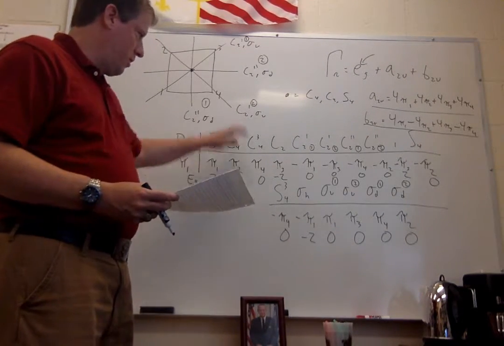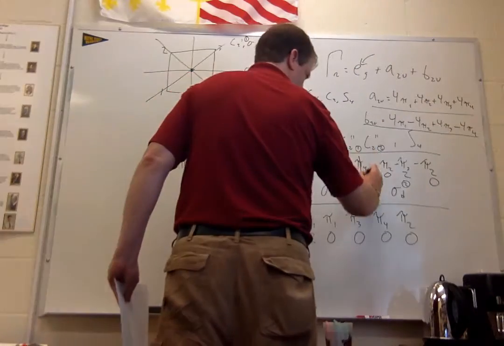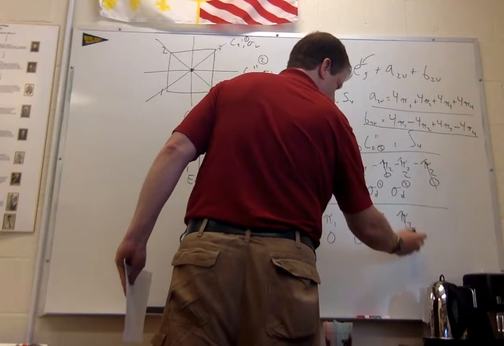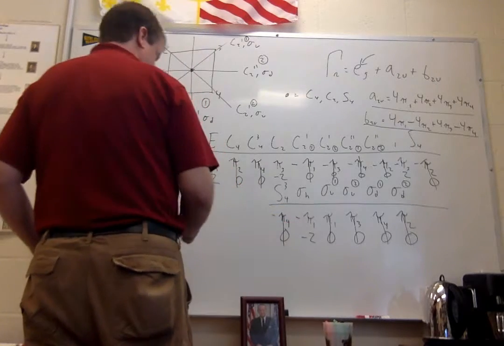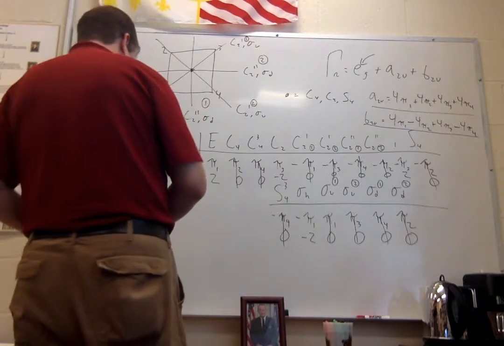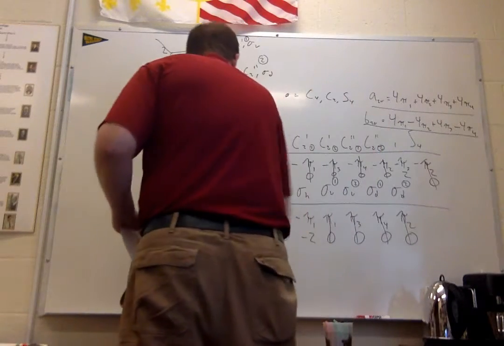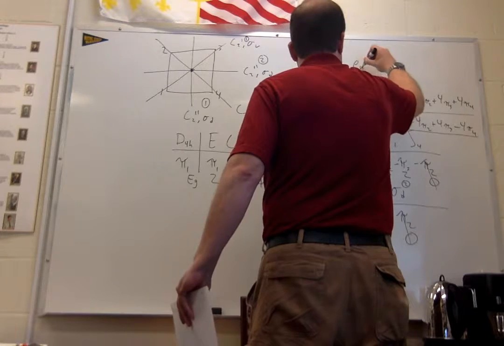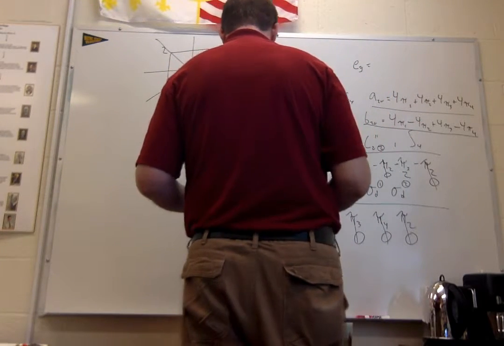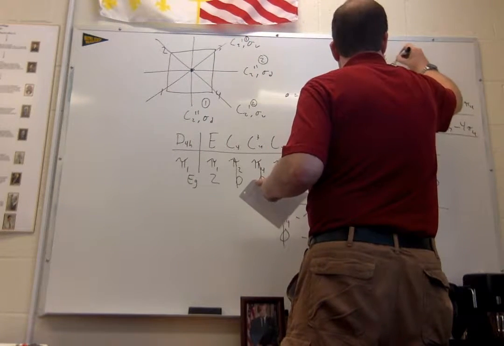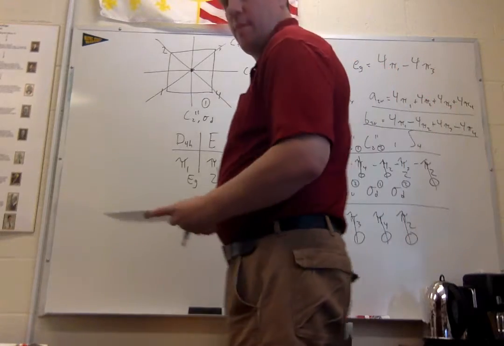If you go through and multiply, obviously some of these are going to not appear at all. And so we just multiply through, and we would find that EG is 4 pi 1 minus 4 pi 3.